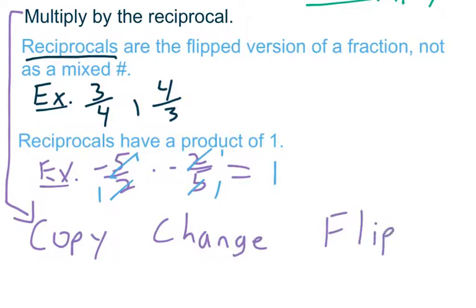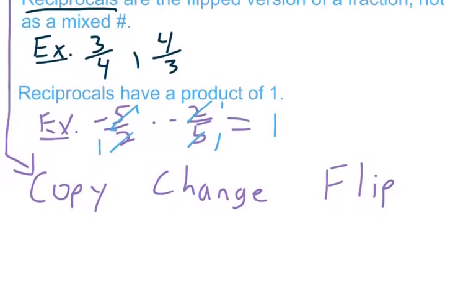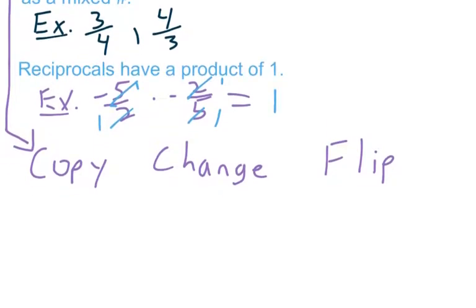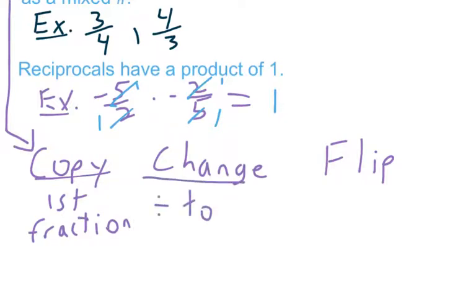That means we are copying the first fraction, we are changing the division to multiplication, and then we are flipping the second fraction. That's just a memory tool to help you remember multiplying by the reciprocal.